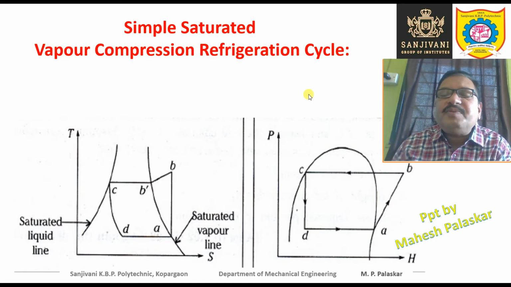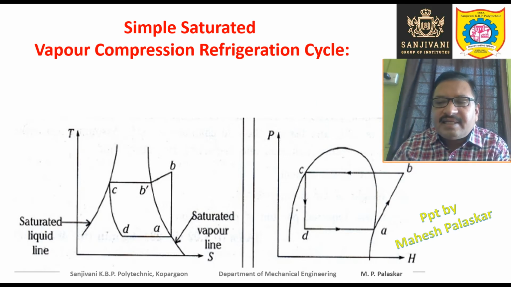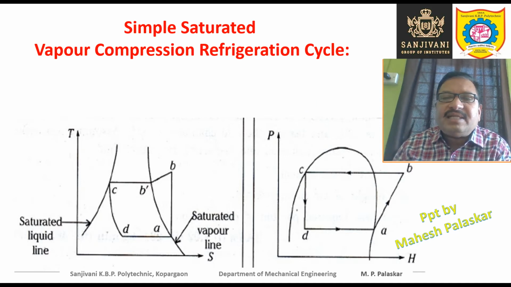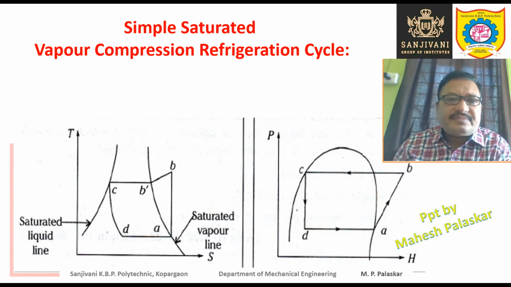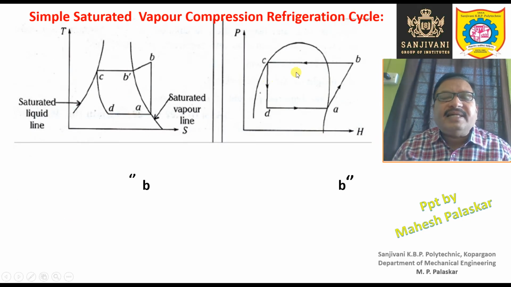Now in case of superheating and subcooling, there is a slight deviation from the simple saturated vapor compression refrigeration cycle. So what is that deviation? Let us see what is superheating and what is subcooling. So again, simple saturated cycle is shown here.